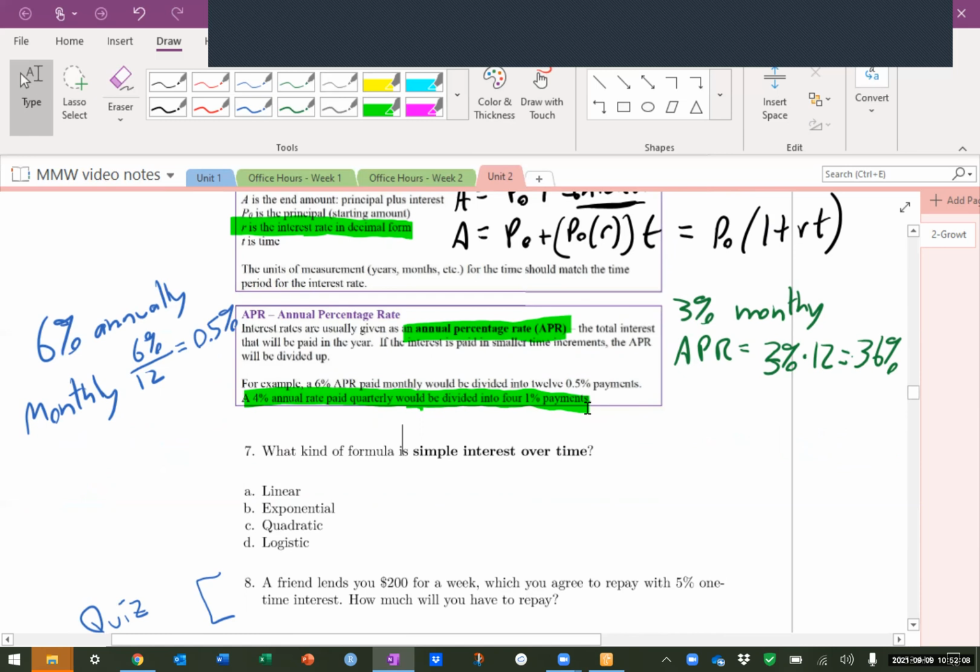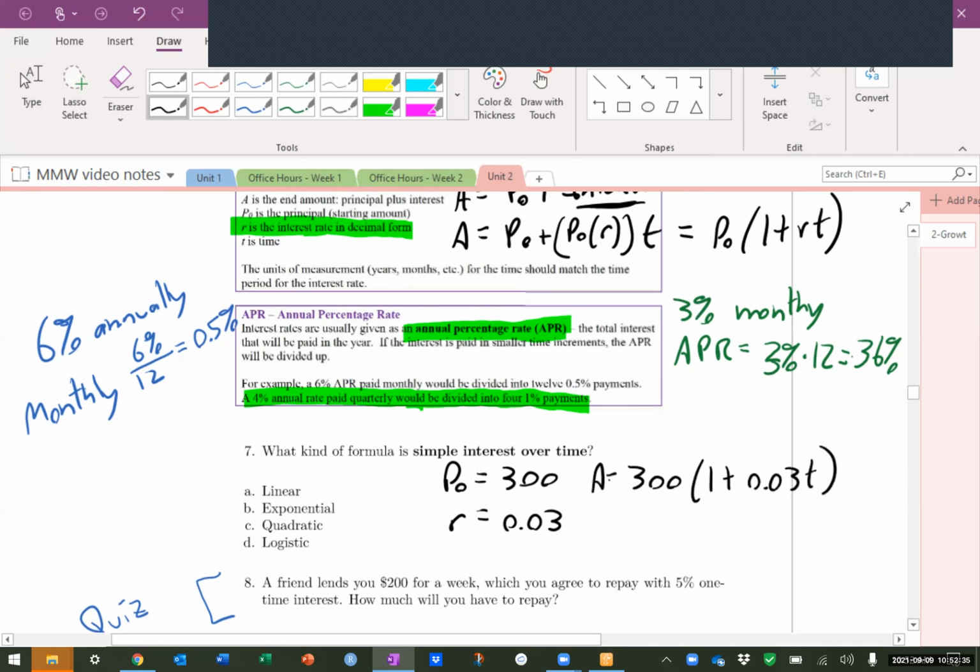Of note, this simple interest formula, what kind of formula do you think it is? Linear, exponential, quadratic? Let's use the example we were doing before, where P naught was 300, R was 3%, so 0.03 as a decimal. If we write this equation as 300 times (1 plus 0.03t), it's not entirely clear what kind of formula it is.